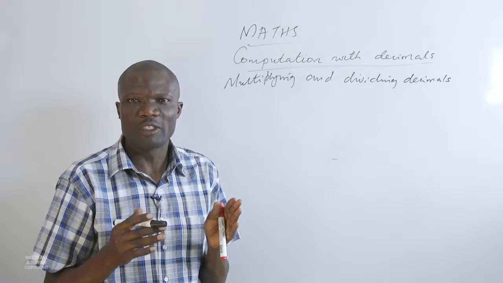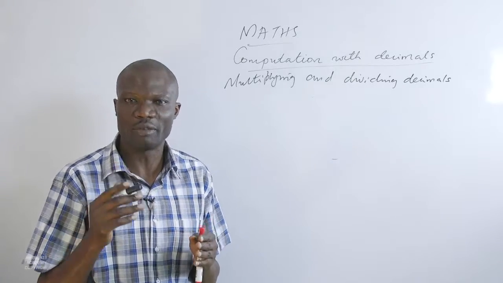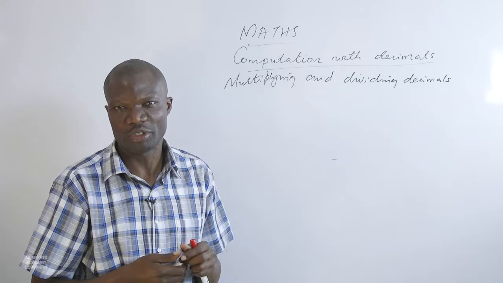What happens when we are dividing decimals?